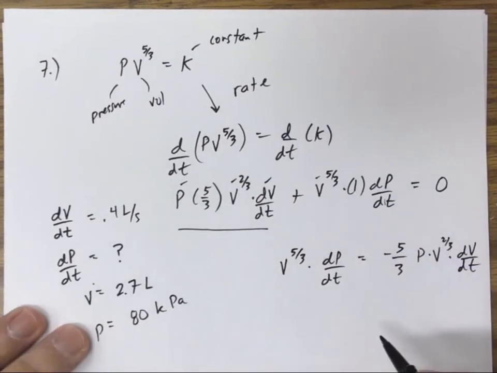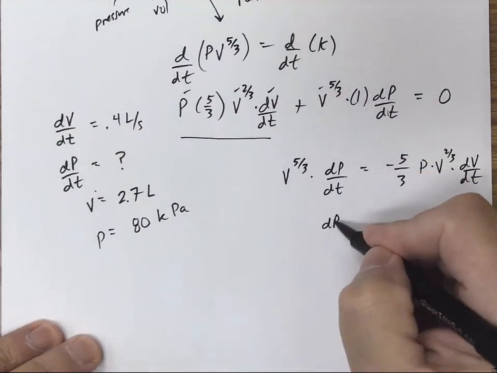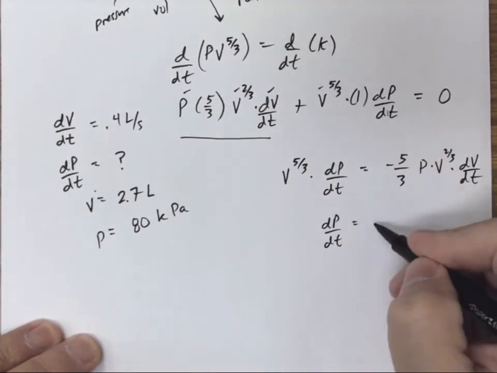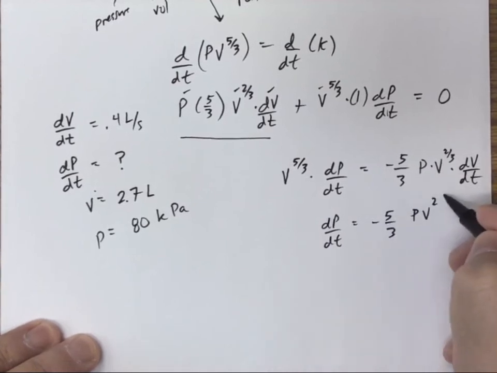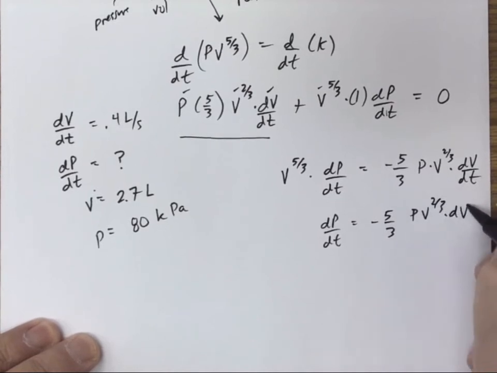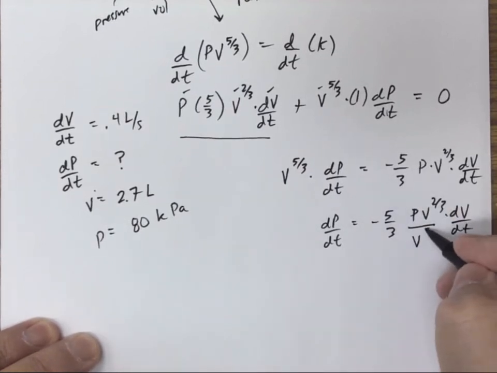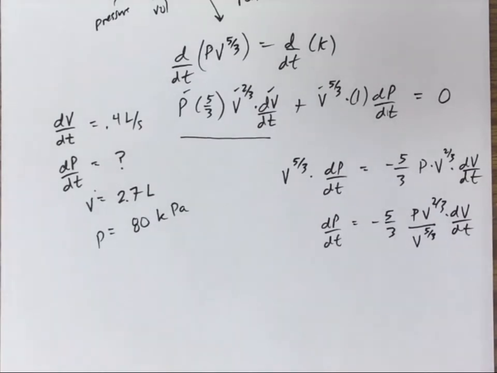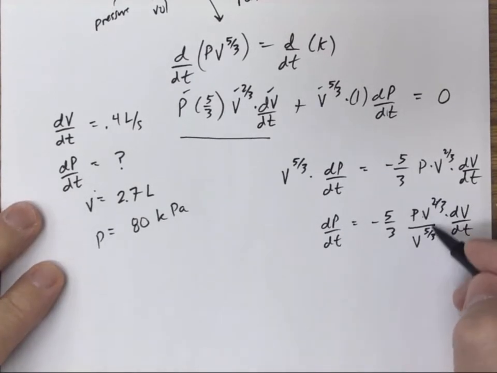Now if I'm going to solve for dP dt, I'm going to divide both sides by V to the 5/3. So negative 5/3 P V to the 2/3 times dV dt, over V to the 5/3. Sort of messy, but doesn't look that bad. And actually, I think it's going to make it simpler. I'm going to simplify because I've got V to the 2/3 over V to the 5/3.